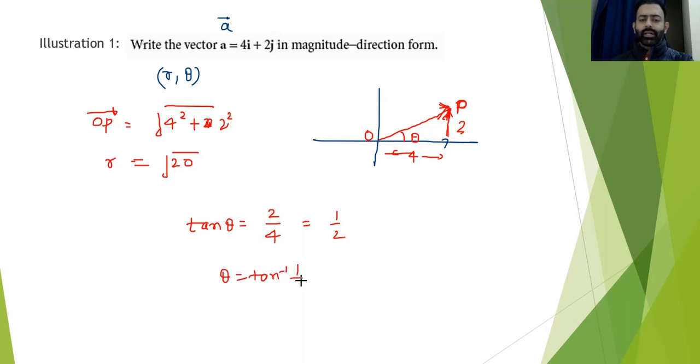Whatever is the exact value of this, or the approximate value, you can write down. Okay, so here you can write its magnitude form as root 20 comma tan inverse half. In the exam you will write the angle in degree form, approximate value up to 2 decimal places. So this is the magnitude direction form.